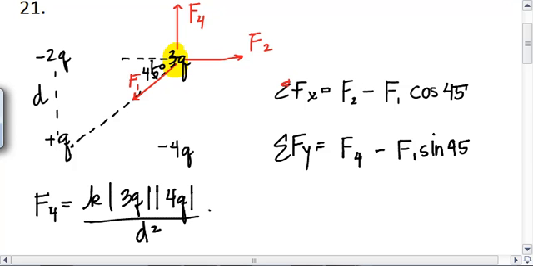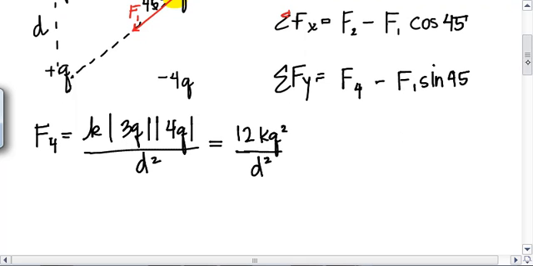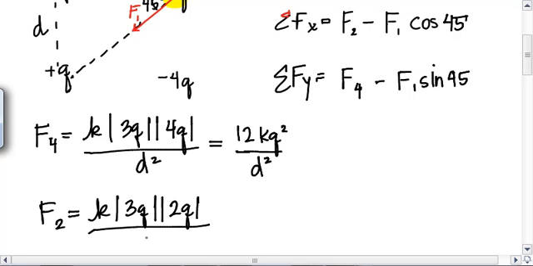So would that be like 12kq squared over d squared? All right. Now let's do F2. That would be k absolute value of 3q times the absolute value of 2q all over d squared. Remember, it's a square, so all the sides have the same length. So that would be what, 6kq squared over d squared?